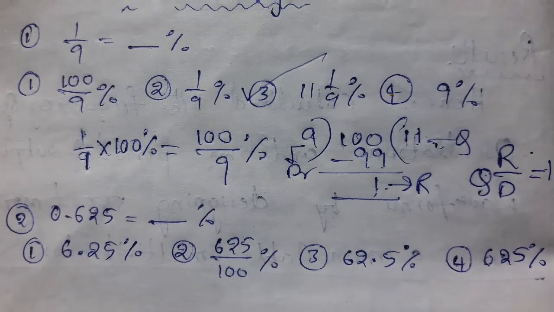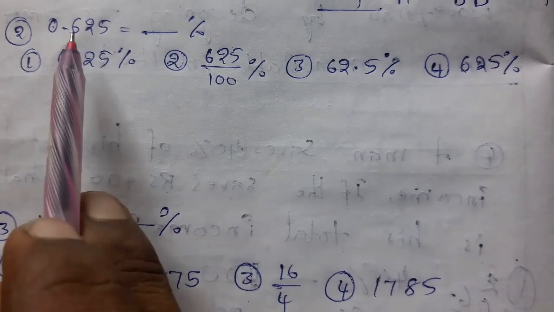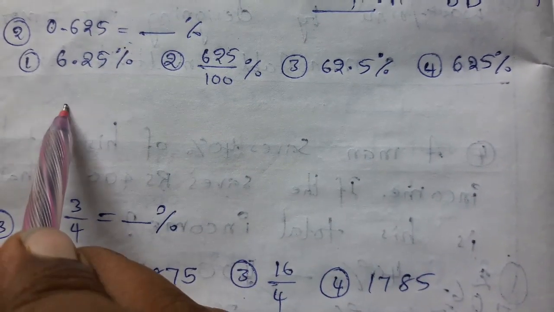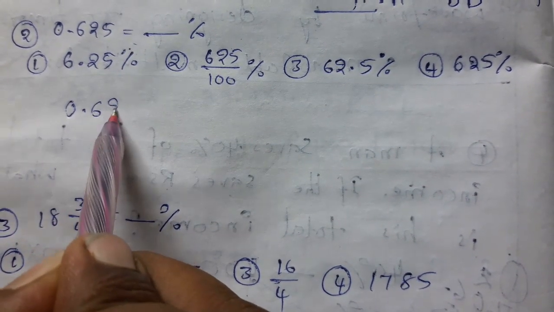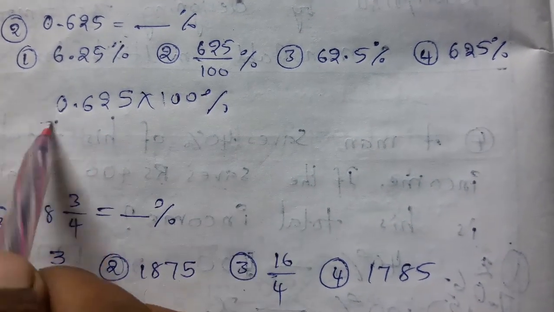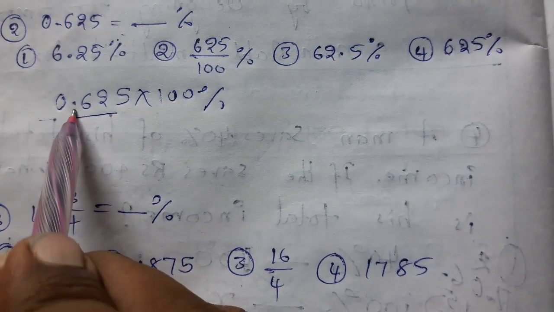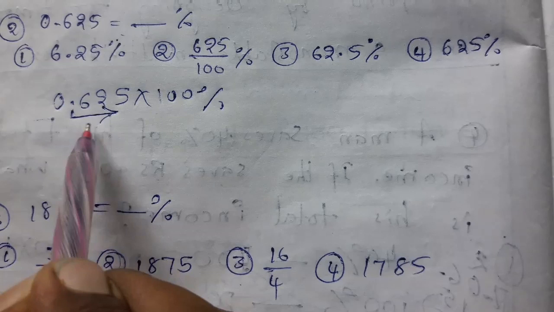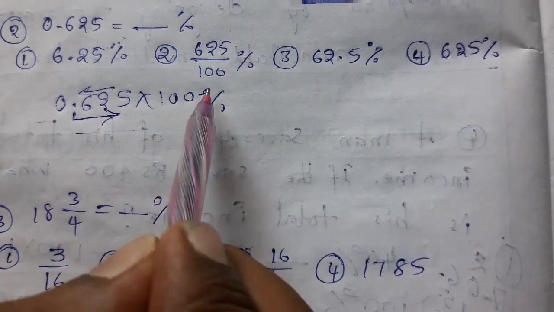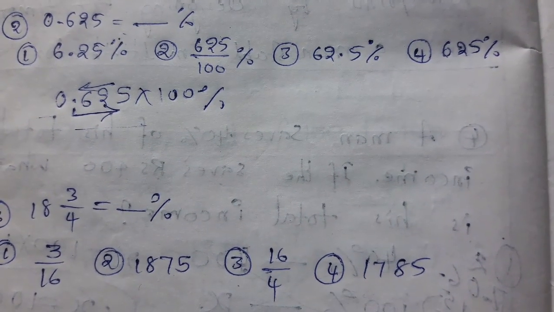Now move to the next question. See here, 0.625 equals dash percentage. So 0.625 into 100%, multiplying this. This decimal point moves in the forward direction and the digits move in the opposite direction of the decimal moving, isn't it?